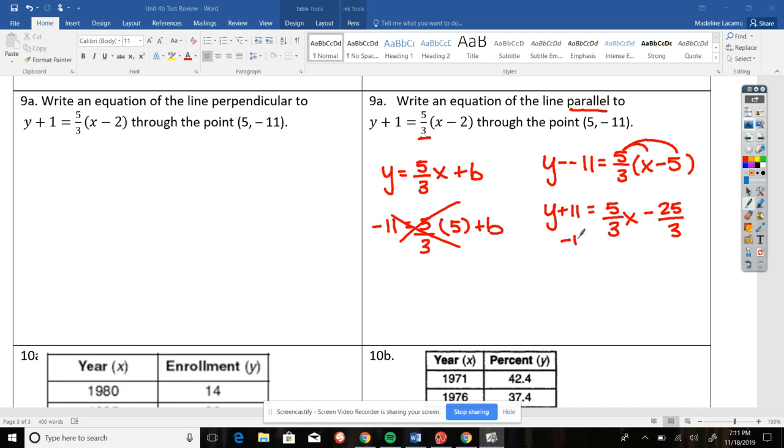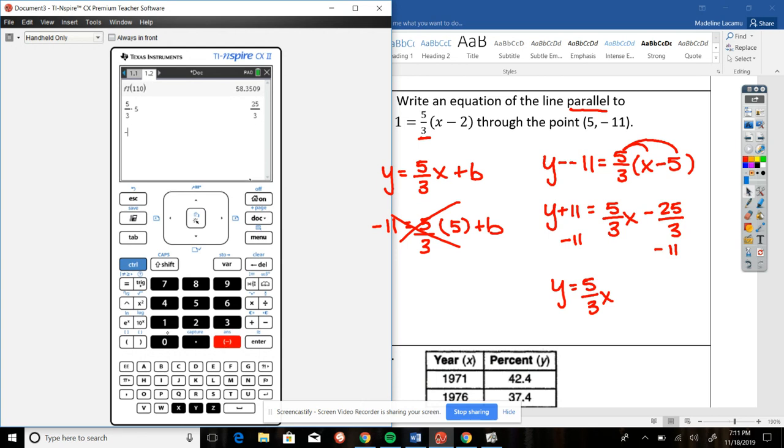Then we subtract 11 from both sides. So I have y equals 5/3 x. Then we need to figure out what negative 25 over 3 minus 11 is. So I'm definitely going to use the calculator for that.